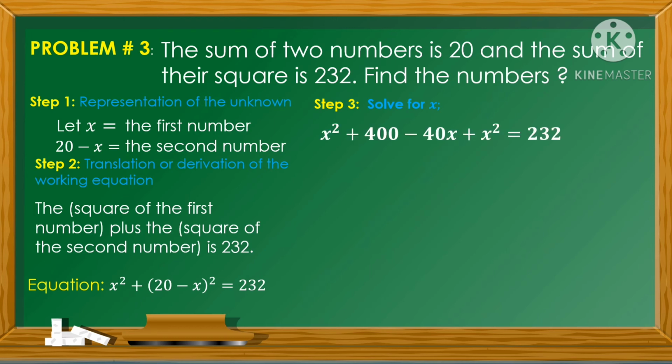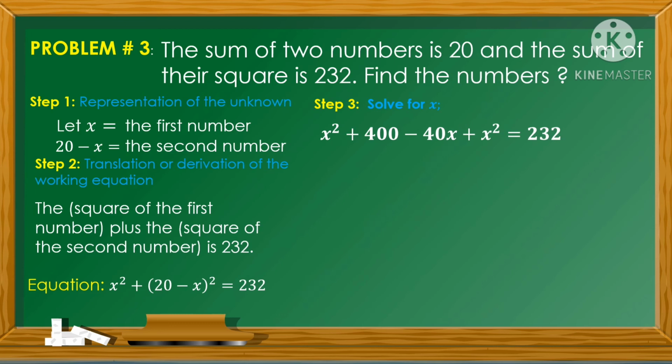Okay, so we simply expand the (20 minus x) squared. We come up with x squared, but the square of 20 minus x is 400 minus 40x plus x squared. Meaning 20 minus x times 20 minus x gives 400 minus 40x plus x squared, equals 232.